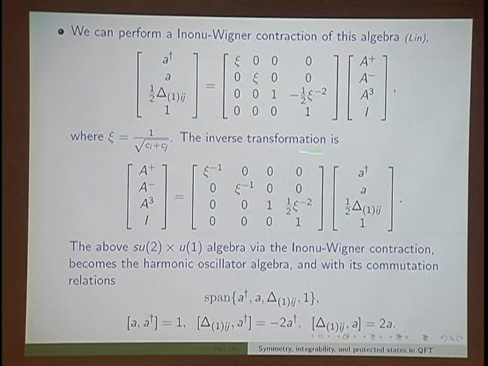And this is by a group contraction, and the parameter is related to the weights of the corner box. This limit corresponds to considering that the oscillator level is much smaller than the parameter n, where n is the rank of the gauge group. So these 4 generators span a harmonic oscillator algebra.